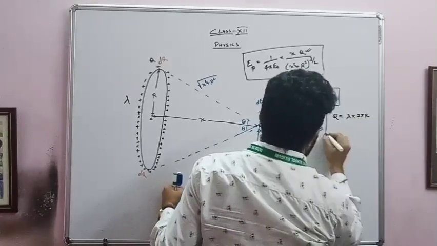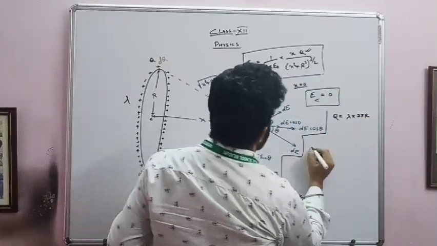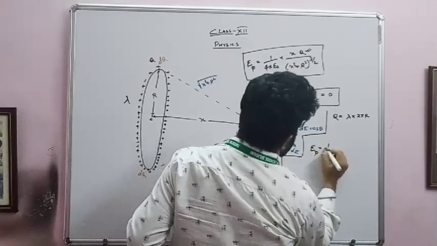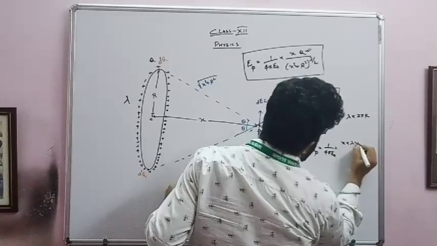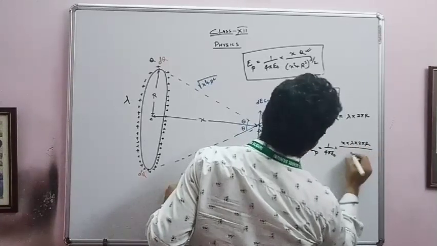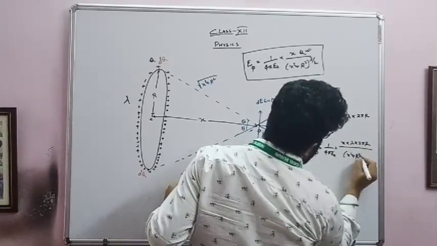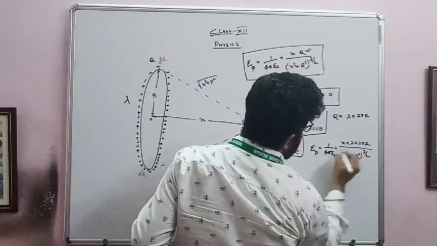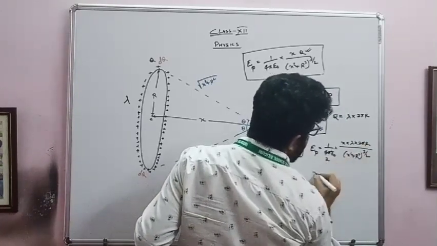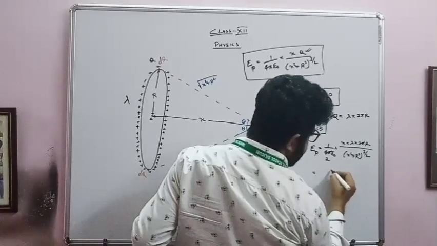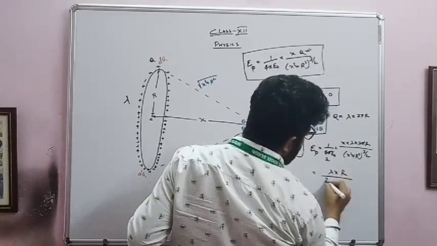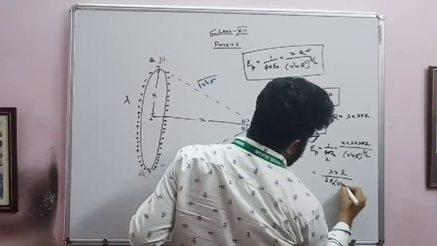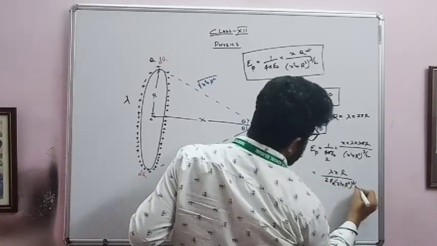If we put it, the electric field at P is 1 by 4 pi epsilon naught, x into lambda into 2 pi r by x square plus r square to the power 3 by 2. This cancels, so what we have is lambda x r by 2 epsilon naught, x square plus r square to the power 3 by 2.